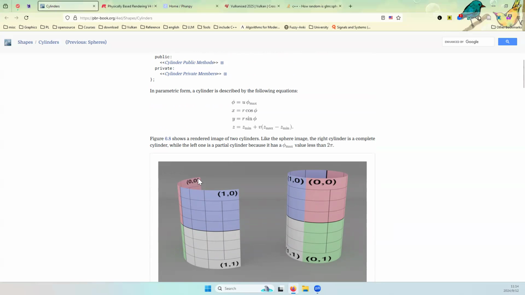So like 0, 0 here and 1, 0 here. They didn't show v though. But I think v is mapped from z. It doesn't have any cosine or sine, so it's much simpler.